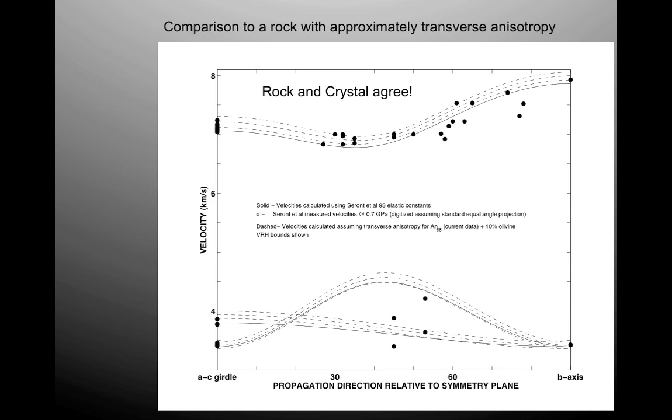And as you can see, I've plotted their actual data, and on the equatorial girdle and at the b-axis you see perfect agreement between estimates from our current set of elastic constants.